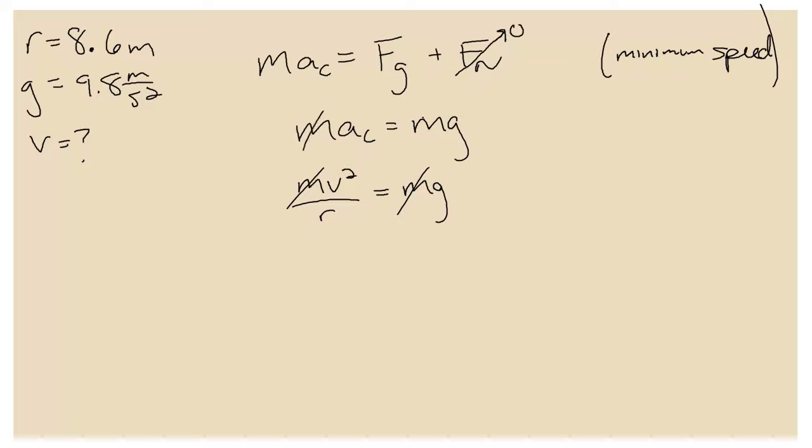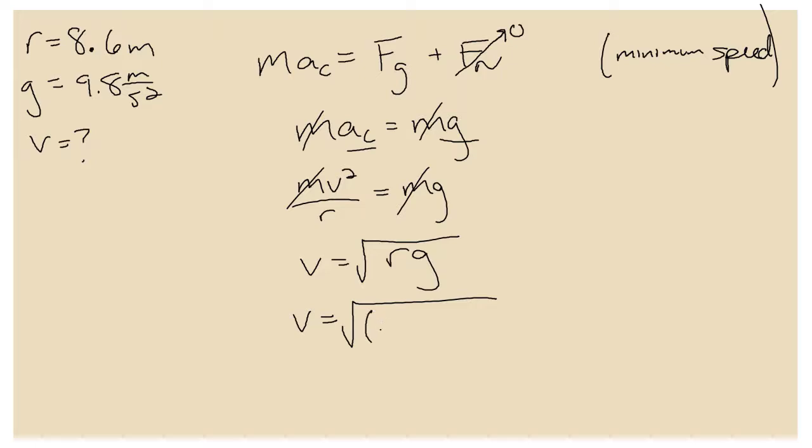And so essentially what we see here when the masses cancel is that the centripetal acceleration here is basically just equal to g. That's pretty cool. That's an interesting little result. And so what we get here is v equals the square root of r times g. And so when we plug these numbers in here, we'll just find the minimum speed.